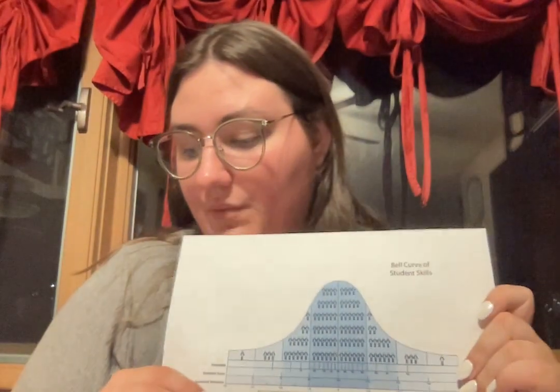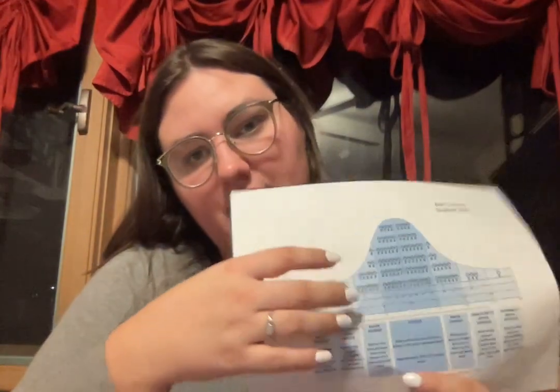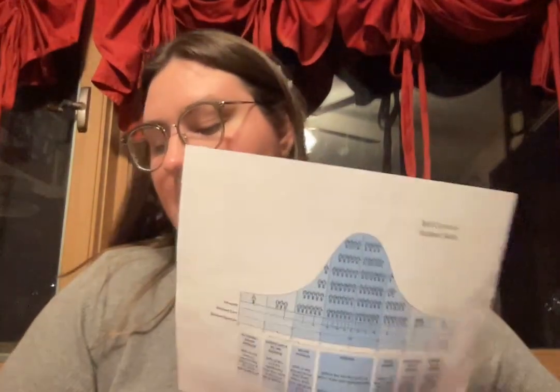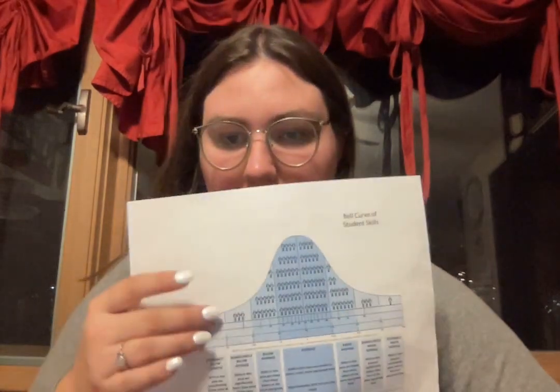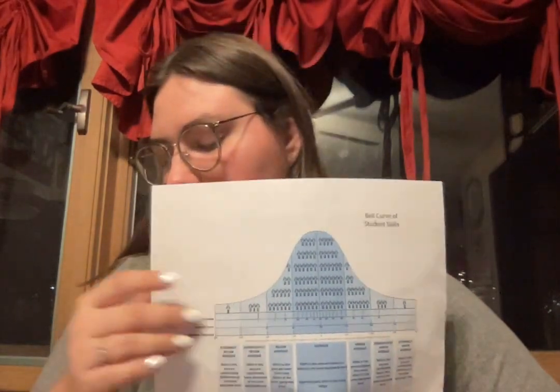In broad math, he scored a 63. So he would be in this area as well. In the applied math, he scored a 40, so he would be here. And this is just for a visual.